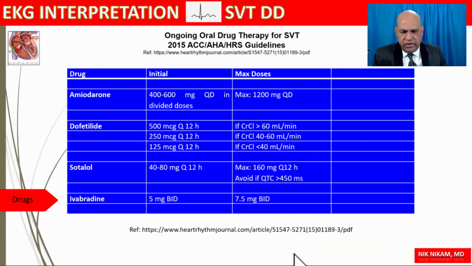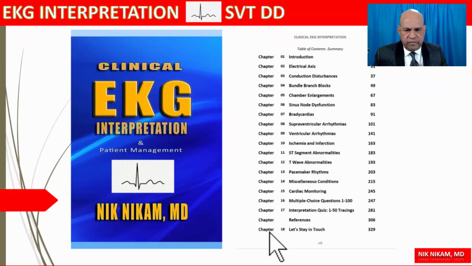This is a continuation of the oral drugs for management of supraventricular tachycardia, and here is the link to this particular reference of ACC/AHA guidelines for management of supraventricular tachycardias.